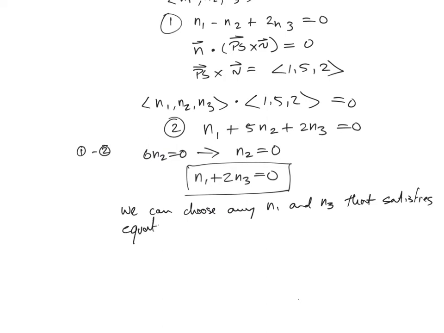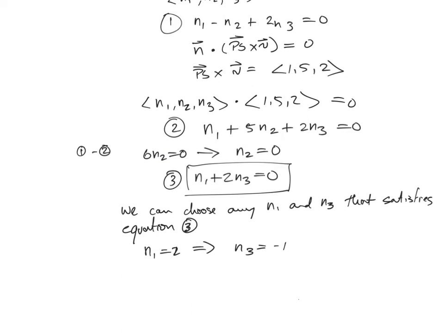So we can choose any value of n1 and n3 that satisfies equation 3. That equation there. So pick whatever you want. Pardon me, n1 equal to 2.